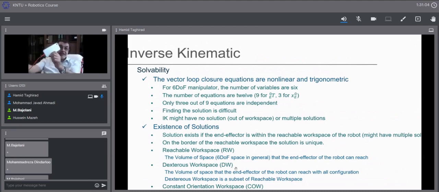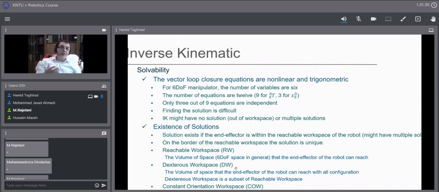Not only can my hand reach this point, since this hand is designed by Almighty God, it can reach this point with all orientations. We call this dexterity workspace. And dexterity is very important. And how can we measure the dexterity? Next chapter. We have a lot of things to work on.